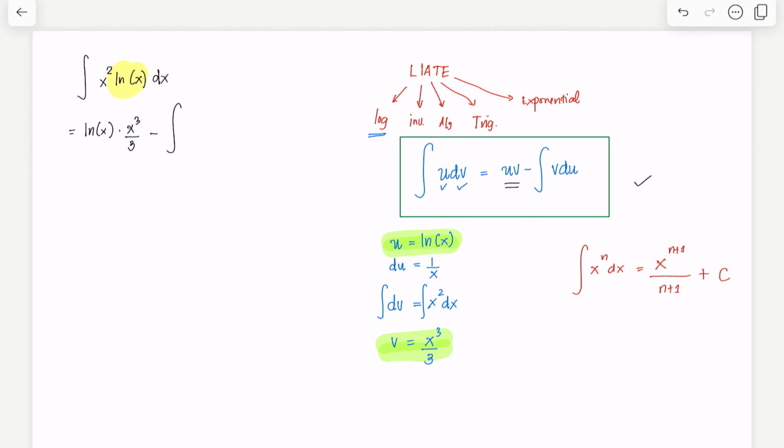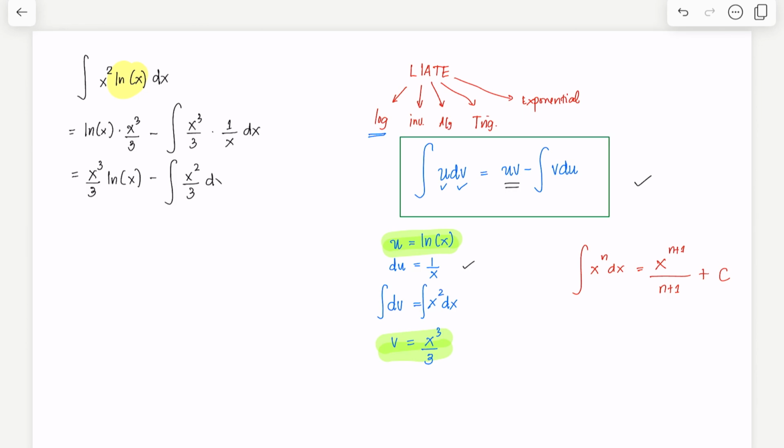Now my v is x cubed over 3, and my du, based on how I solved it earlier, is just 1 over x. Alright. So now I'm just going to write this in a friendlier manner. I don't like seeing things like this. So this will become x cubed over 3 ln of x, and then this integral will further simplify.